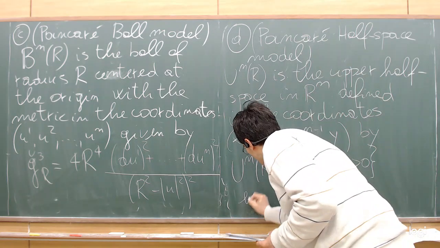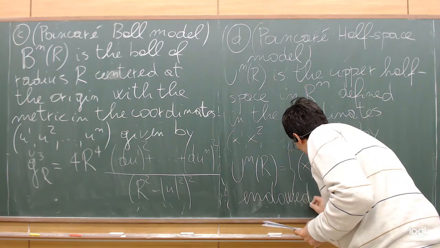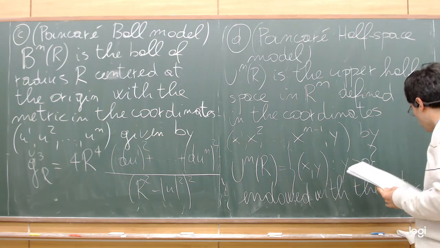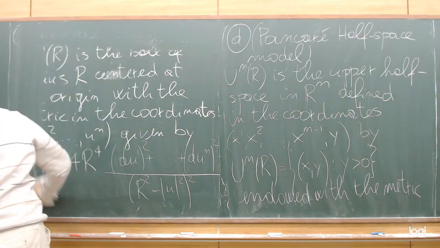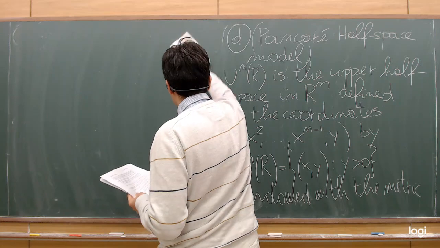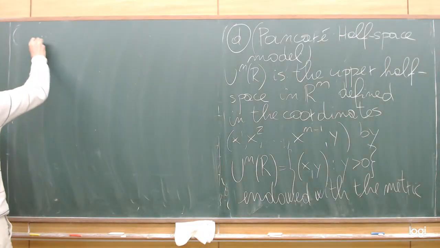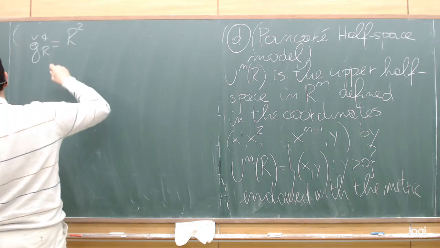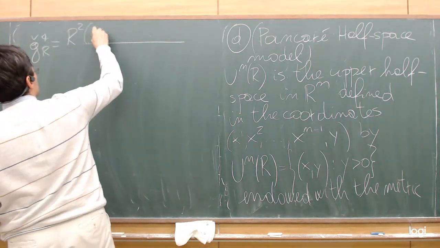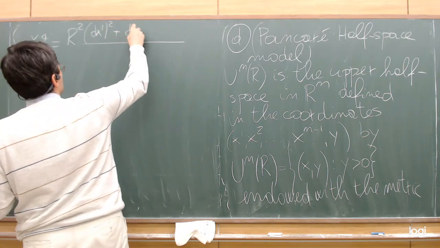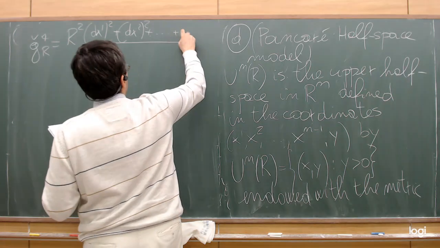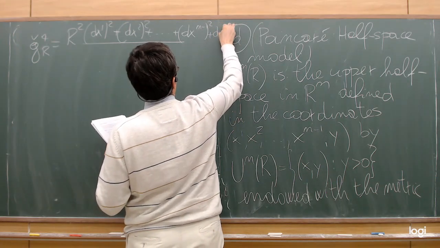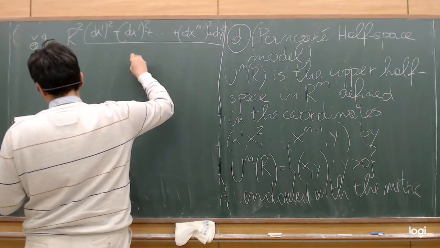I endow it with the metric G^4_R is R square times (dx1 square plus dx2 square plus ... plus dxn minus 1 square plus dy square) divided by y square.